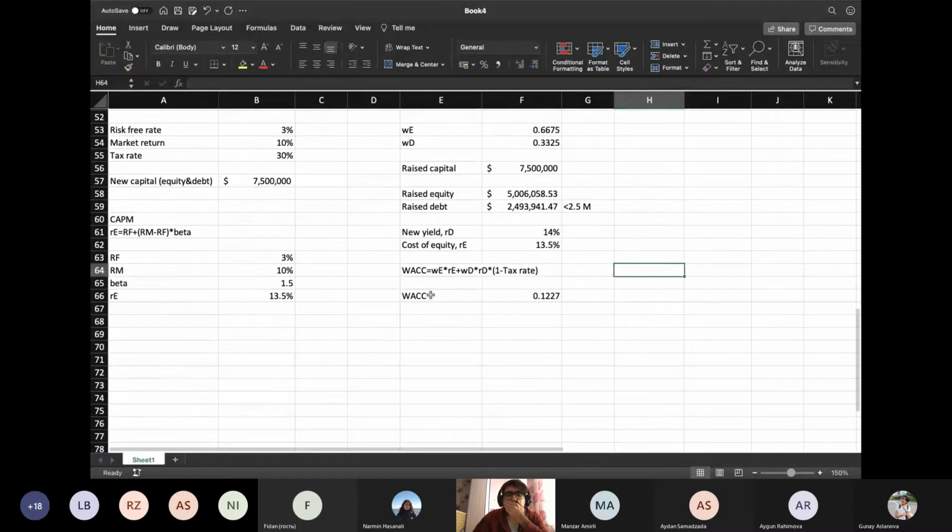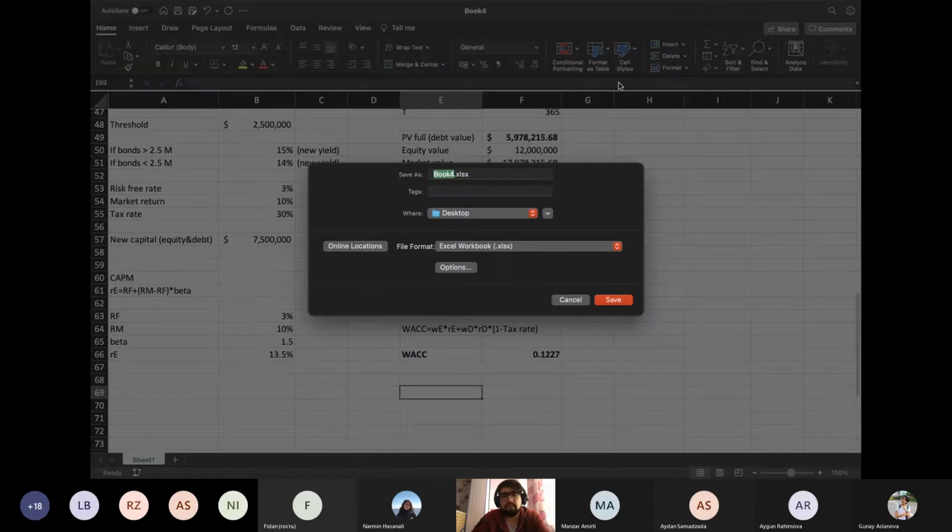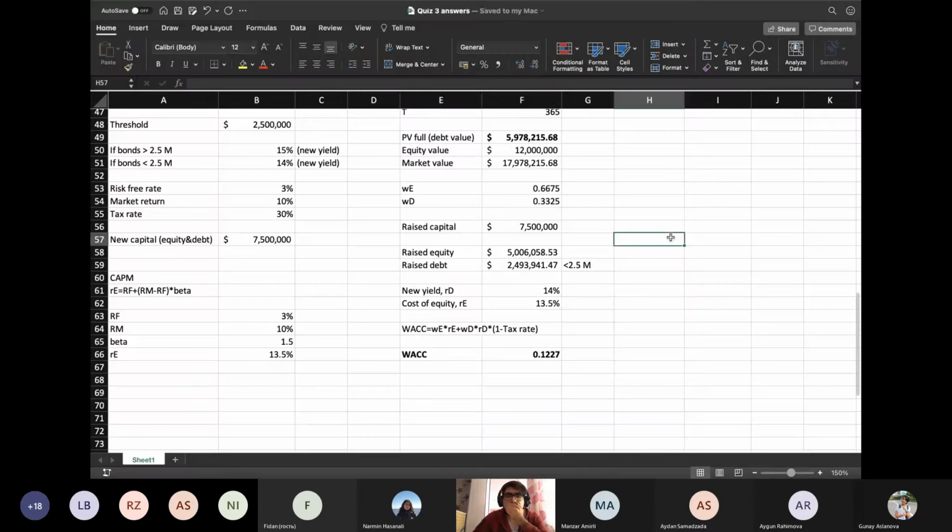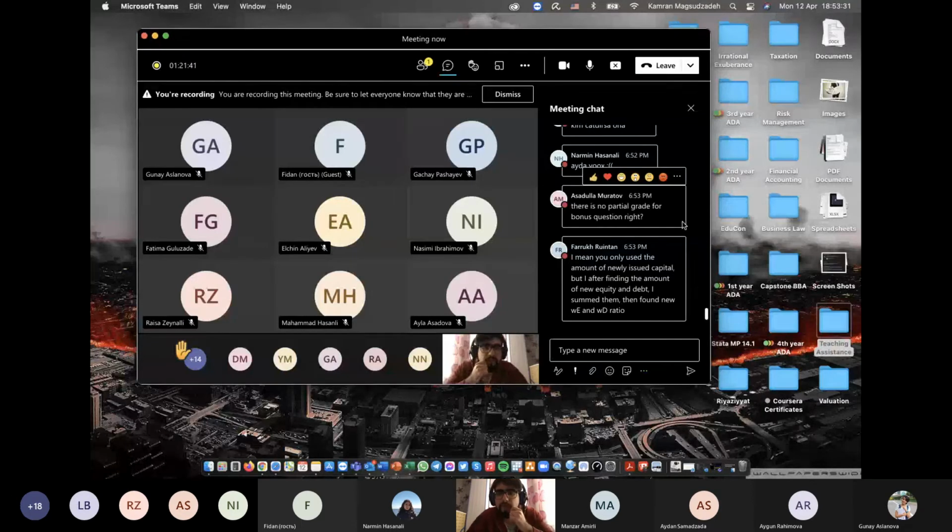Okay. Any questions in question 3? I mean, you only use the amount of newly issued capital, but I have to find the amount of new.